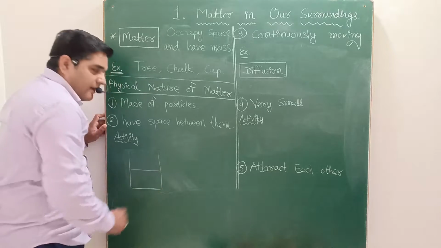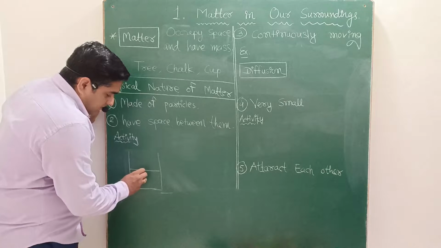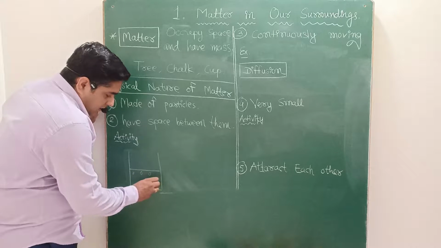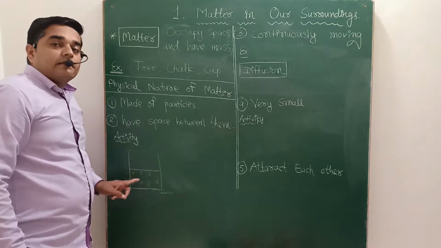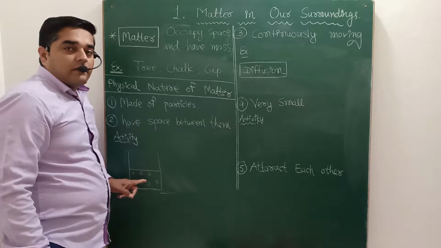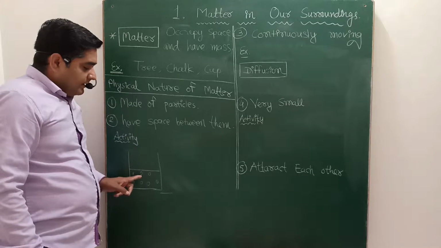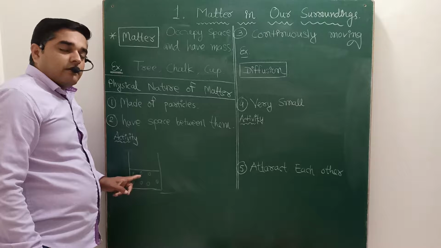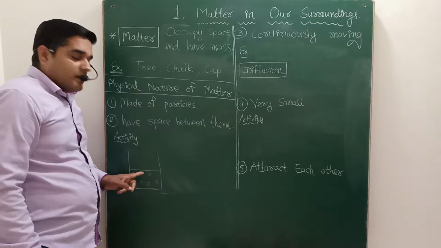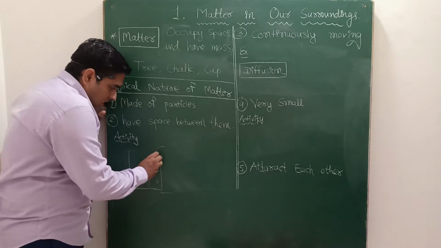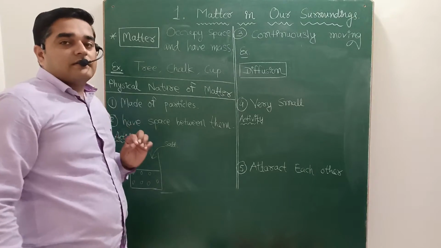If we have a beaker and some water is poured in the beaker, these are the particles of water we can see by the microscope, and the particles have some space between them. Now add some salt. What happened, friends?